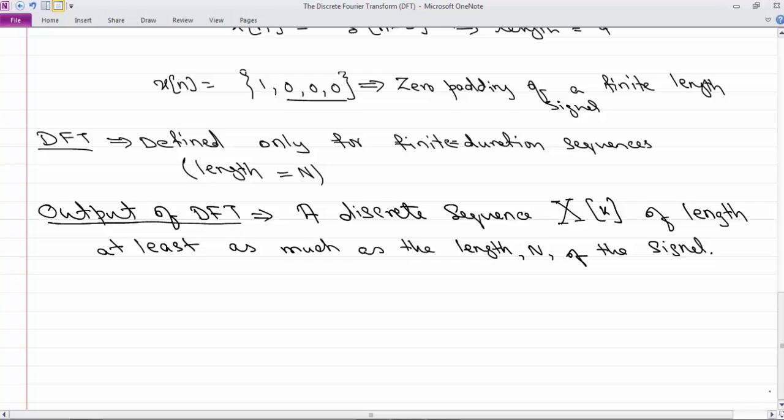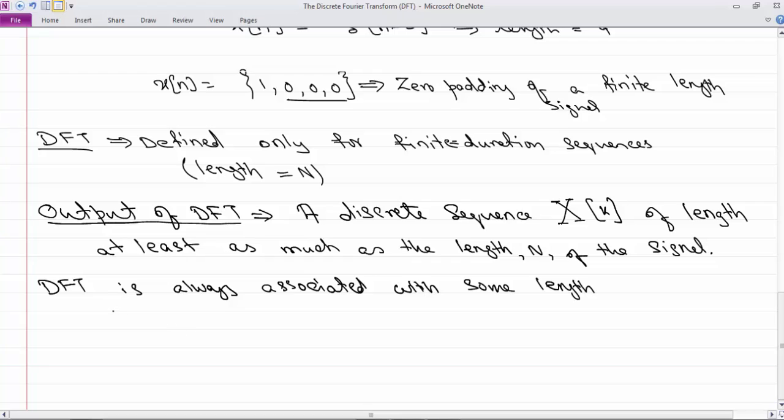So actually, we just don't say compute DFT of a signal. There is another parameter that we have to associate with DFT. DFT is always associated with some length, which describes the length of the transform. We previously talked about the length of the signal. We are now talking about the length of the transform.